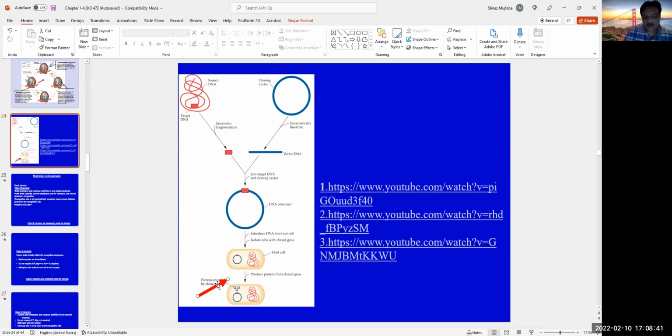So I used the word restriction enzyme. What is restriction enzyme? Let's first break this into parts.